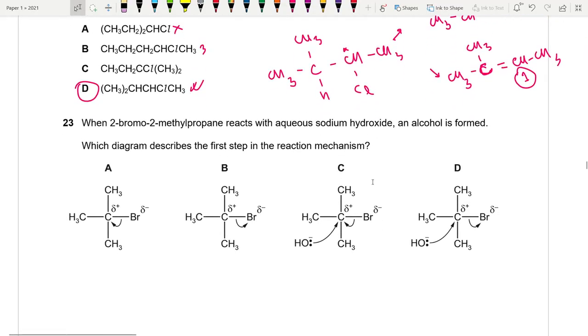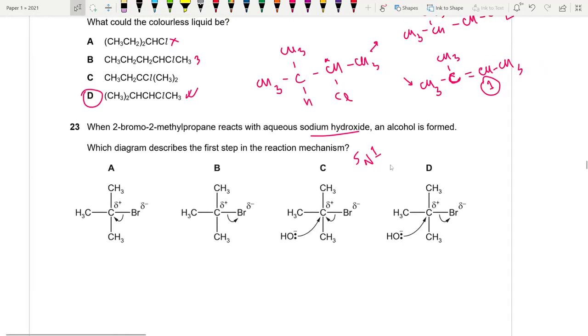23. When 2 bromopropane, 2 methylpropane, it's a tertiary halogen alkane. And if it reacts with aqueous sodium hydroxide, nucleophilic substitution will take place, but this is SN1 because it's a tertiary halogen alkane. Do you understand?